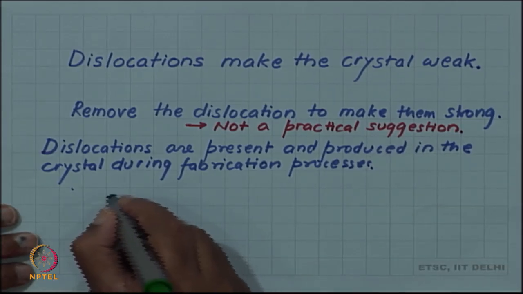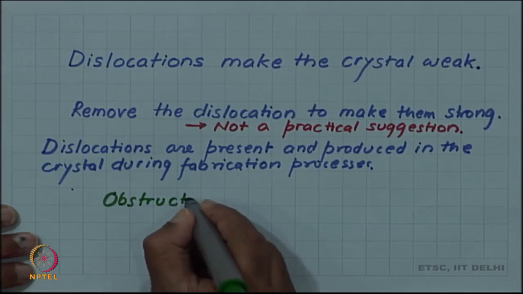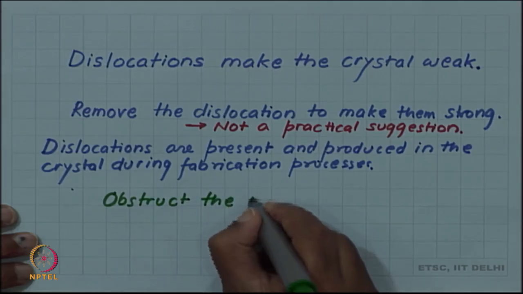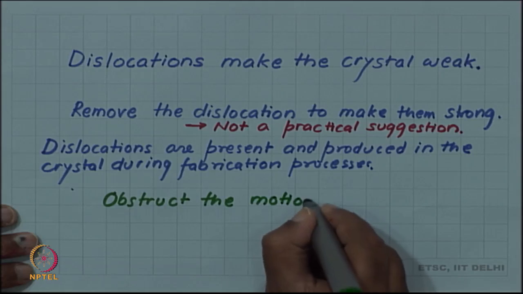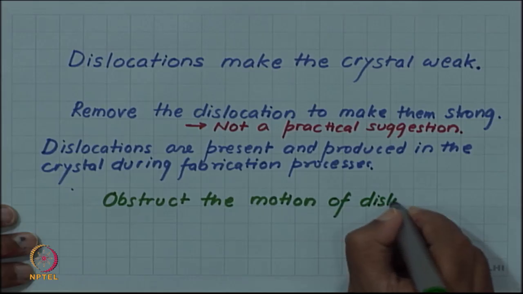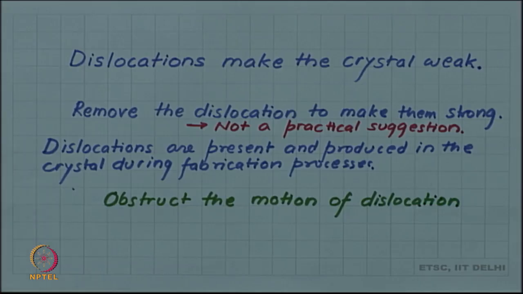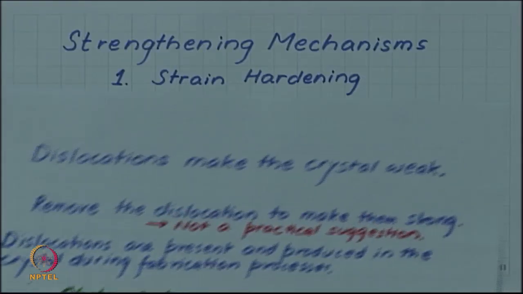So, if we can obstruct the motion of dislocation, because we can't get rid of them, then you can put obstacle in their path of motion, so that their motion is difficult. If their motion is difficult, plastic deformation will be difficult and the material will be stronger.